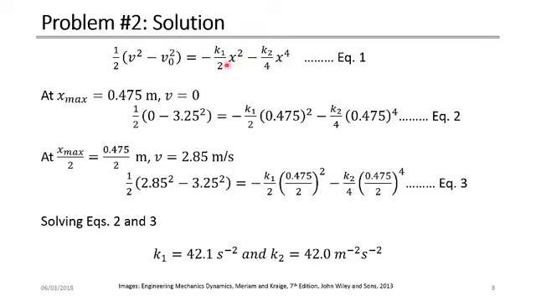For example, let's talk about the first term. x here is displacement. If it is in meters, it's going to be x squared in meter squared. So in order to have this term as meter squared per second squared, k1 must be in second to the power negative 2.